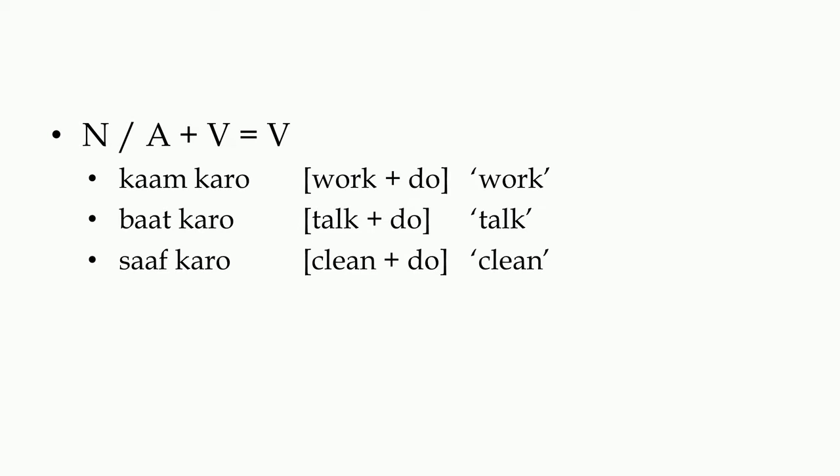Examples like काम करो, बात करो, साफ करो. So in the example काम करो, you see काम as a nominal element and karna as a verbal element, and together it gives us the meaning of work.